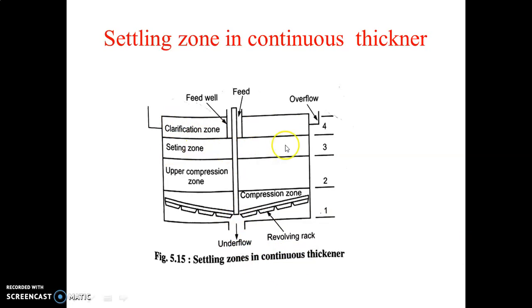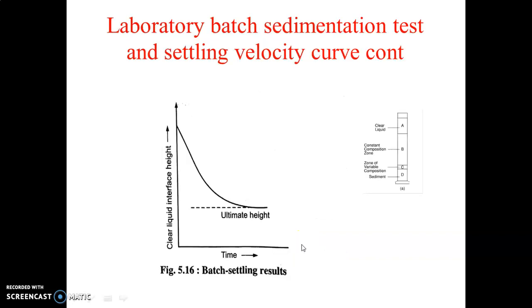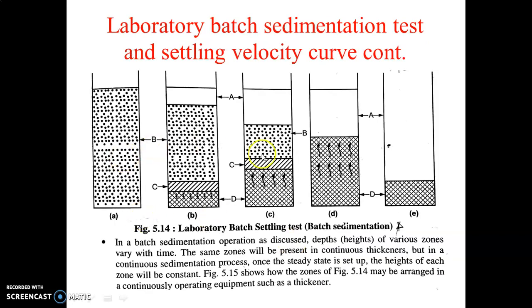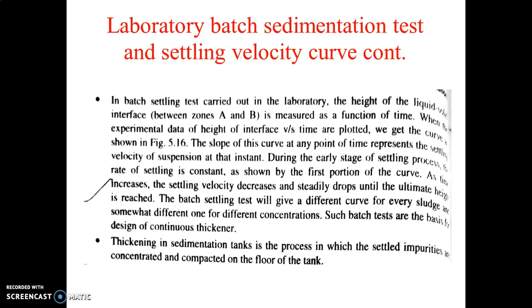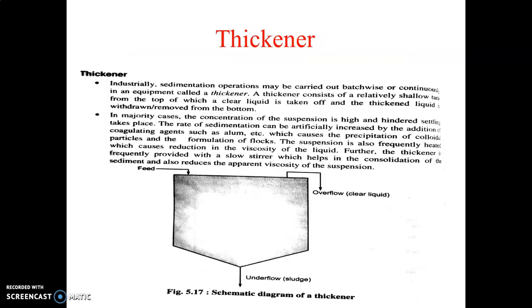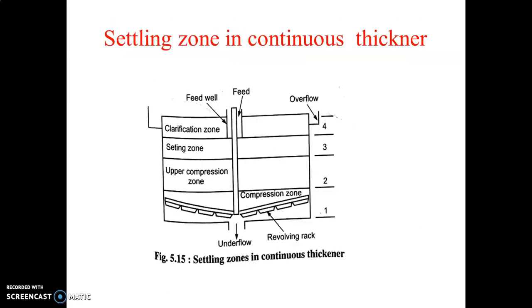So the zone levels are maintained in a continuous thickener. But in a batch thickener, the different zones have different lengths, depending upon the time. So these are the differences between continuous and batch sedimentation thickeners.